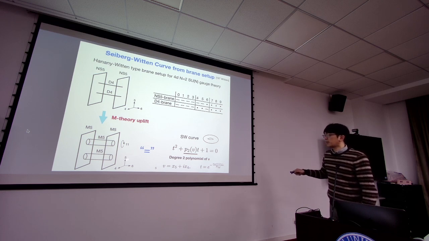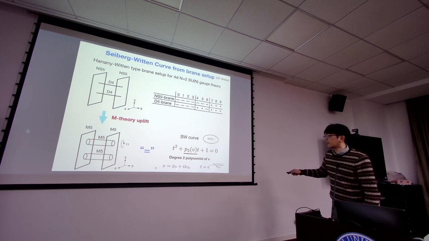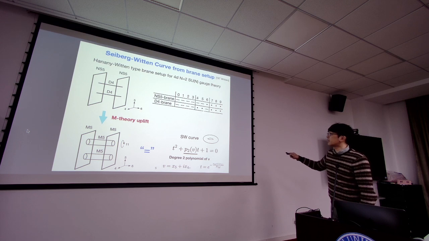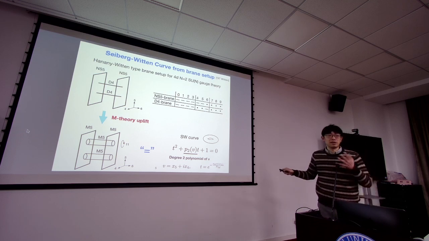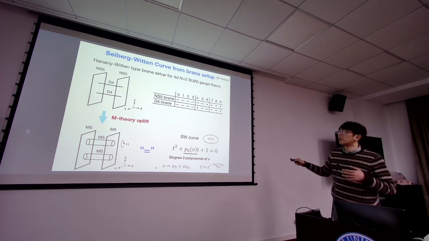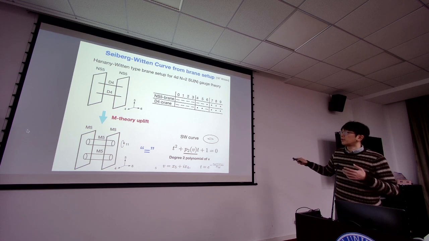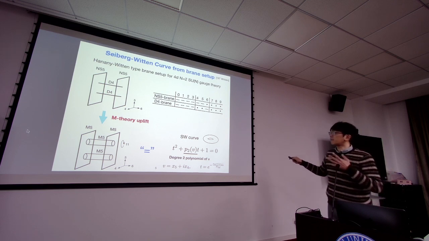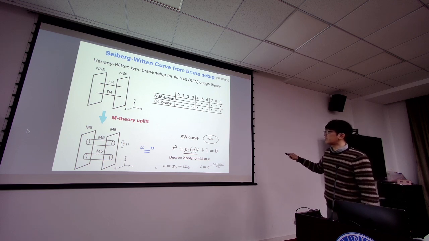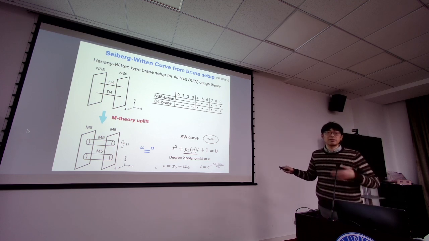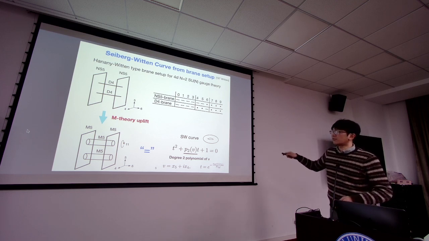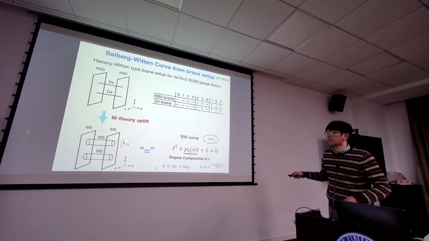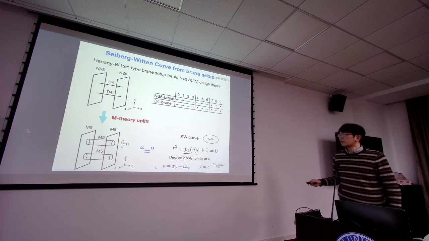So we can regard this as one M5 brane, and the shape of this M5 brane actually describes the Seiberg-Witten curve. We concentrate on the 4, 5, 6, 11 directions, which correspond to the directions in which this configuration is non-trivial.